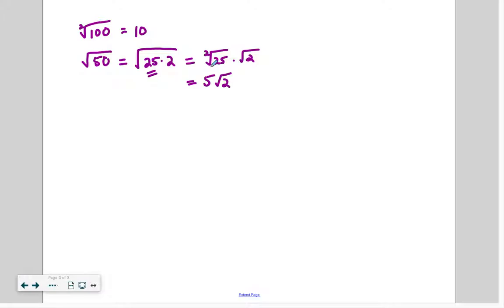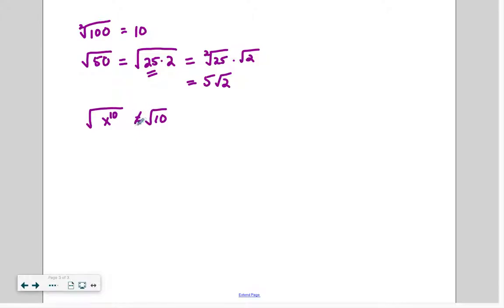And so let's move on to ones with exponents. What if you have one that's like the square root of x to the 10th? Now, 10 is not a perfect square, but you've got to know that there's a big difference between the square root of x to the 10th and the square root of 10. Those are two very, very different questions, and they're not equal.